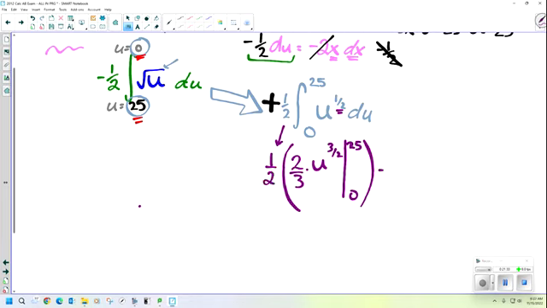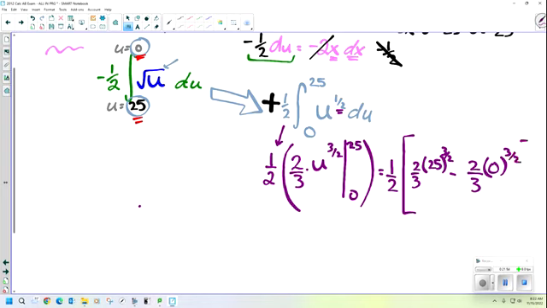All right, well, 1/2 times. I put the upper bound in. It's 2/3 times 25 to the 3/2 minus, love putting zeros in.